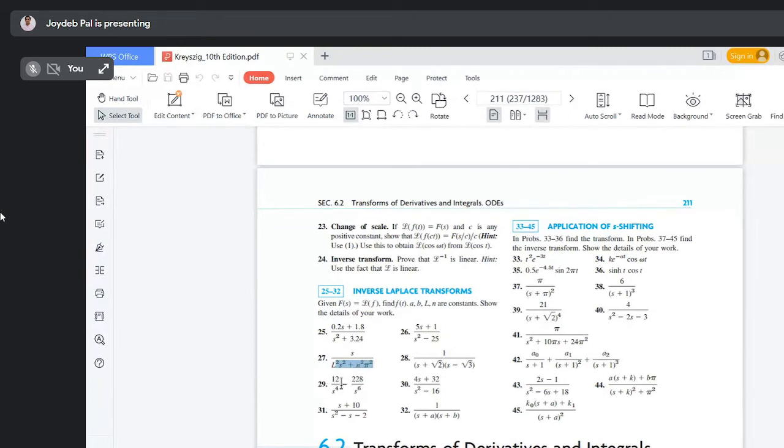What you will do? In the denominator, a square is multiplied by L square. In the tabulated formula, always we have seen that the coefficient of s or a square is 1, not multiplied by any constant.